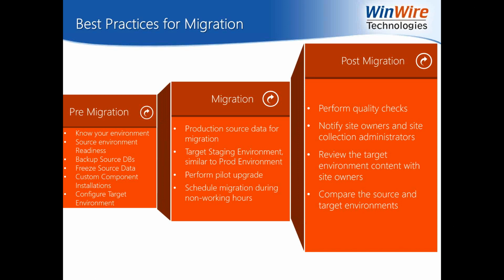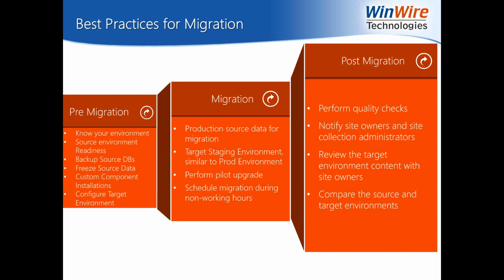Well, you perform some quality checks. You review the targeted content with the site owners. You compare the source and the target environment, and you have certain variables that you are tracking, like content size, created by, modified by, date variables, owner of the document, and that is how you ensure that your content is compliant.